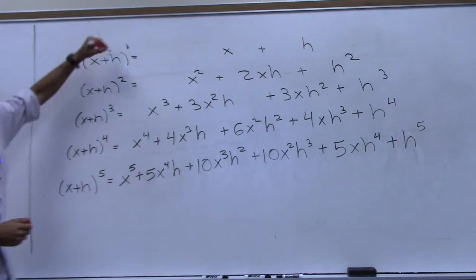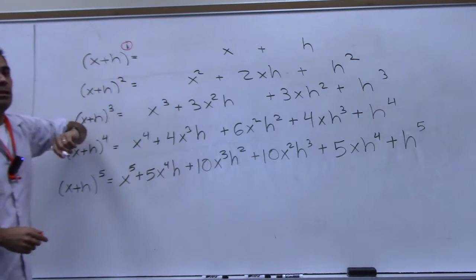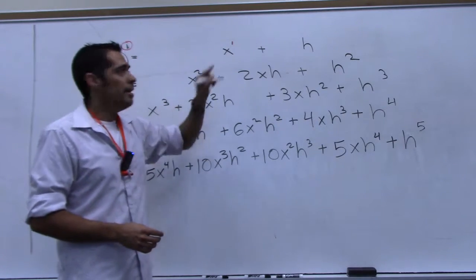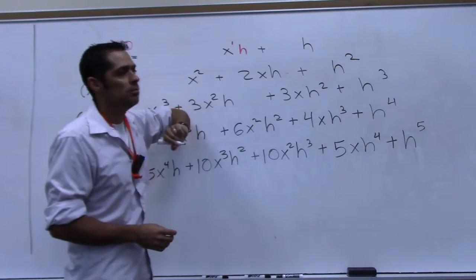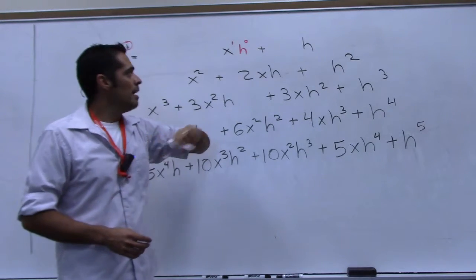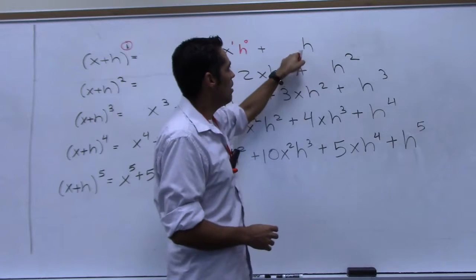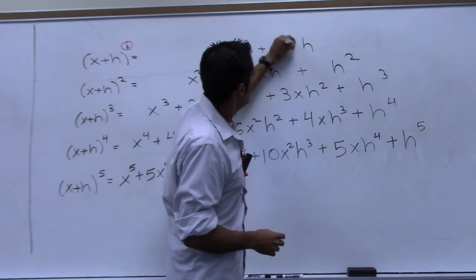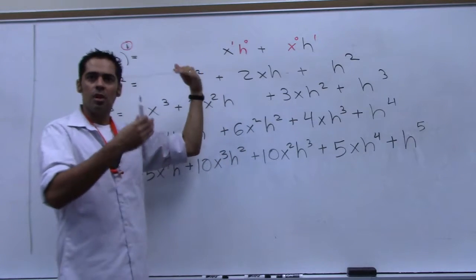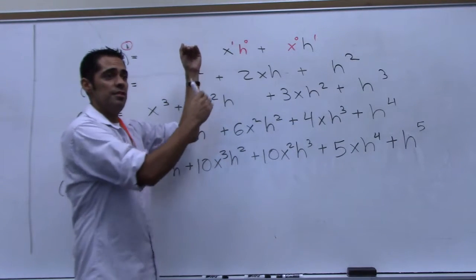Okay, if I have the first power, then I start with x to the first power and h to the what power? There's no h here. So 0 power. And then on the next one, what's the power on x here? 0, and what's the power on h? 1. So you could look at it this way. Started with x to the first, h to the 0.